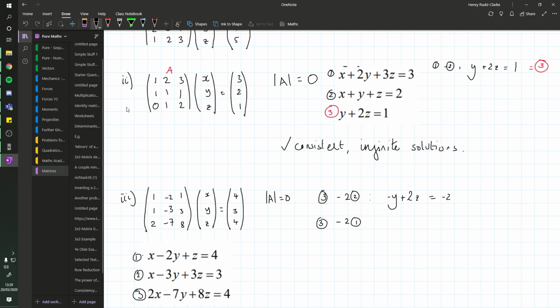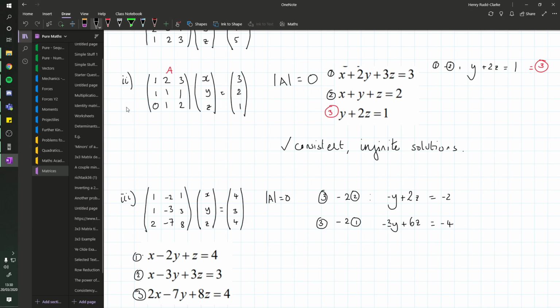Minus 7 take away minus 4 is minus 3, minus 3y. 8z take away 2z is 6z. So we can already see the y's and the z's are 3 times each other. But if I do 4 minus 2 times 4, it gives me minus 4.